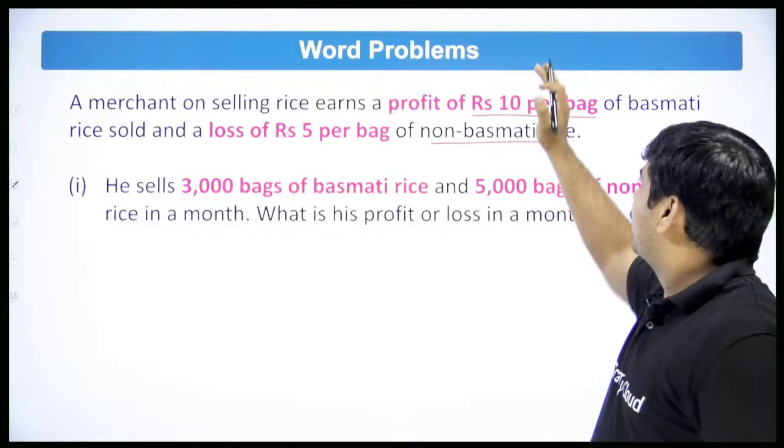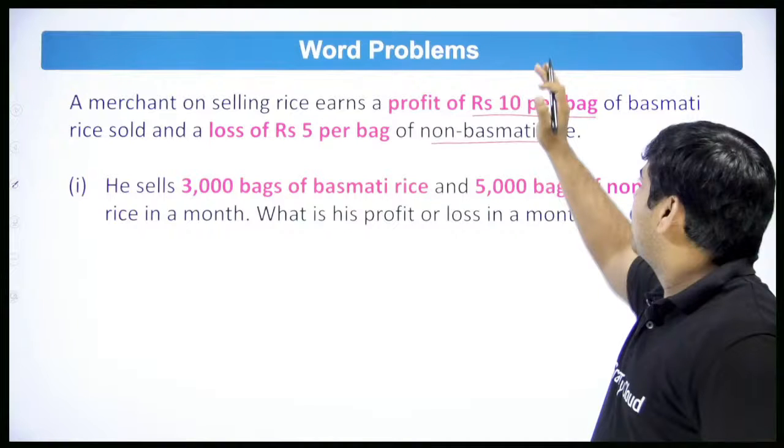Loss is in the reverse direction of profit, so we keep a negative 5, right? He sells 3,000 bags of basmati rice at a profit of 10 rupees per bag, and 5,000 bags of non-basmati rice in a month.